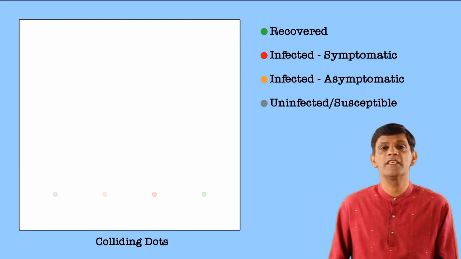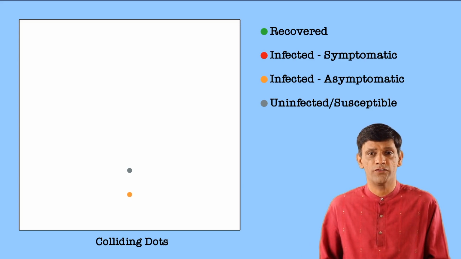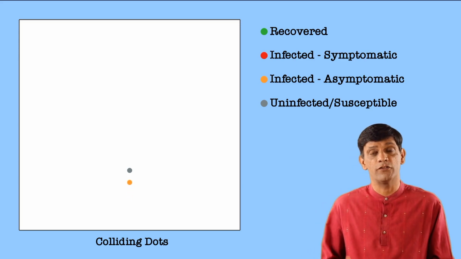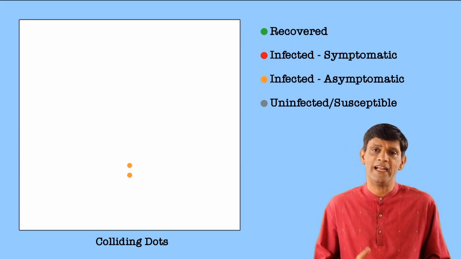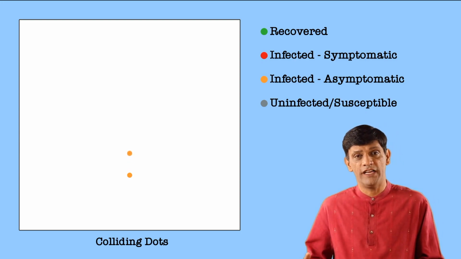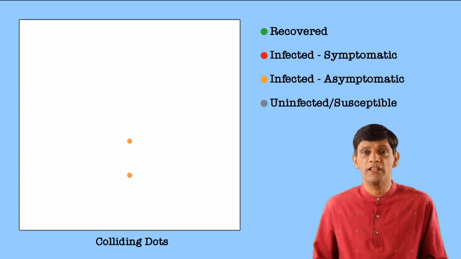The state of a typical particle in our animation will progress as follows. Initially, the dot would be gray. That means the person is not infected but susceptible. Once they collide with either a red or an orange dot, they will change their color to orange, meaning they have been infected by the virus, however, they're not showing symptoms.